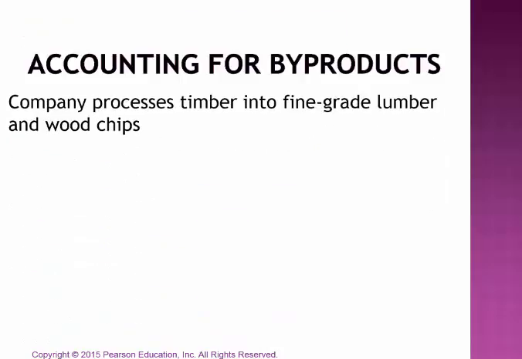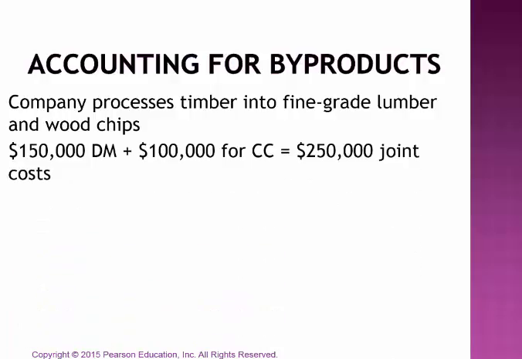So we've got a company that processes timber, which of course we all know is trees or wood, and they process it into fine grade lumber. That is the main product, and their byproduct is wood chips. They incur $150,000 of joint cost for direct materials and another $100,000 in joint cost for conversion cost.